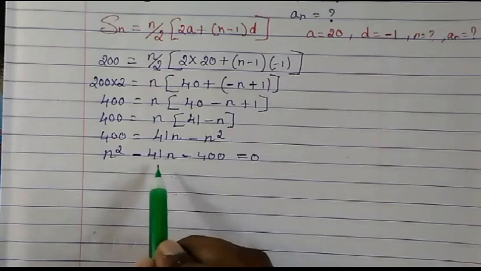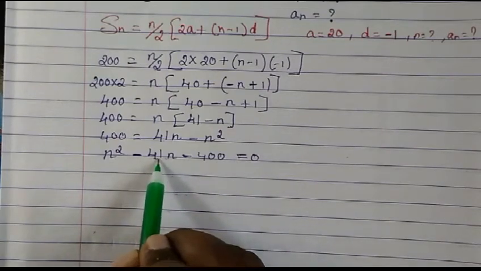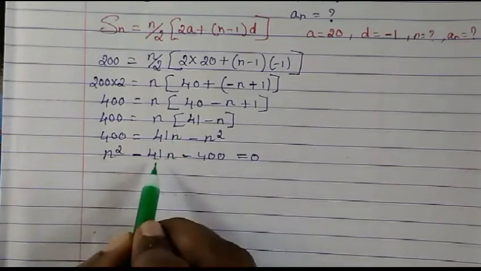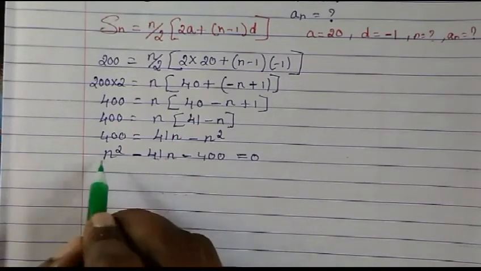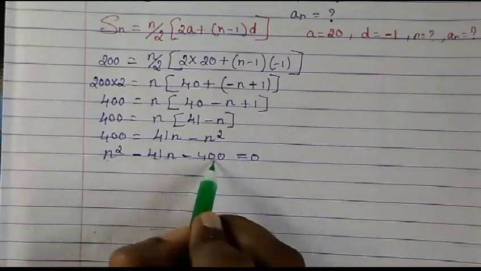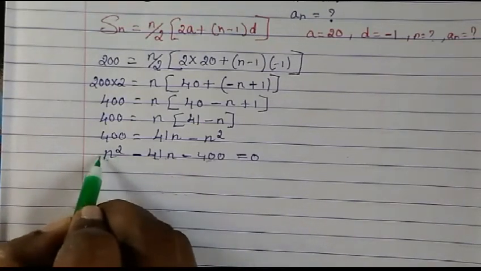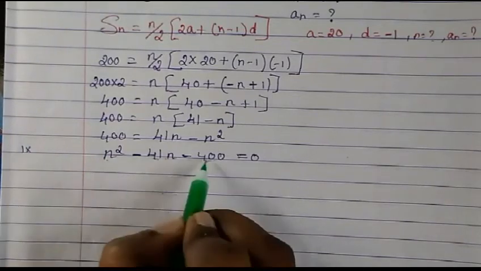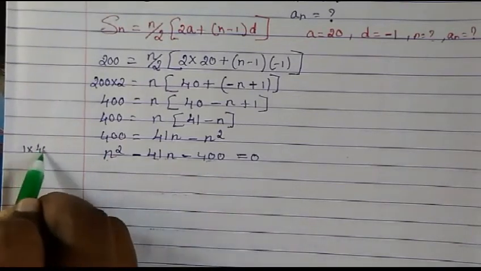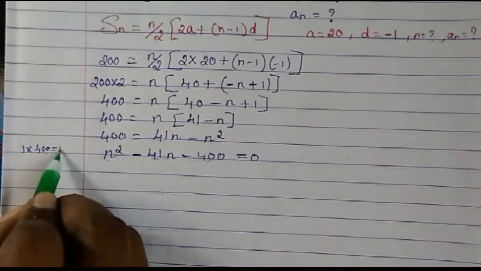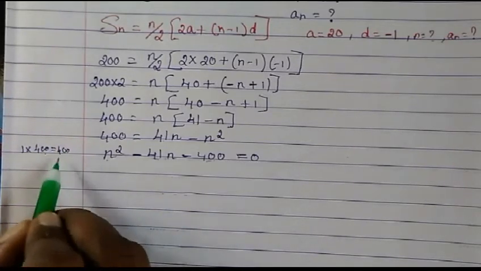So what we will do is split the middle term and get the n value. I taught you how to split the middle term: from the first term and the last term, the number you have to take. Here we have 1, and we multiply it by the last term, that is 400. When you multiply, you get 400. So we have to find the factors of 400.